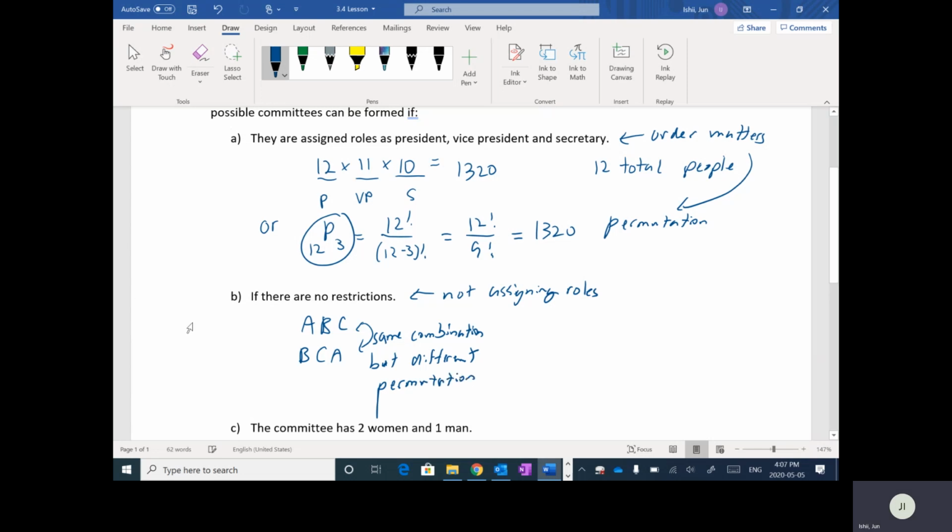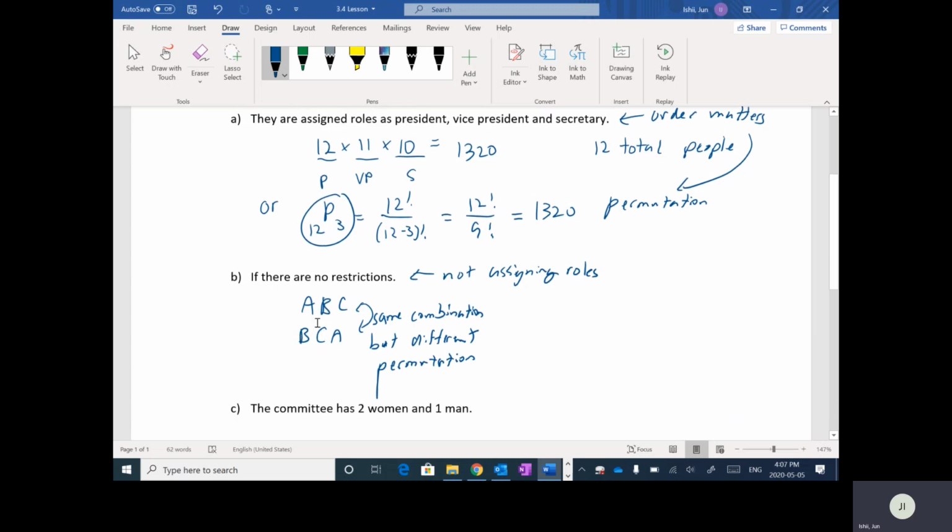If I chose person A, then person B, and person C, it's the same combination as if I chose person B, C, and A, because these two would form the same group. However, if we put this into the context of the part A example, where person A is the president, person B is the vice president, and person C is the secretary, and then instead person B is the president, person C is the vice president, and person A is the secretary, these would be two different permutations, because they would be given different roles.